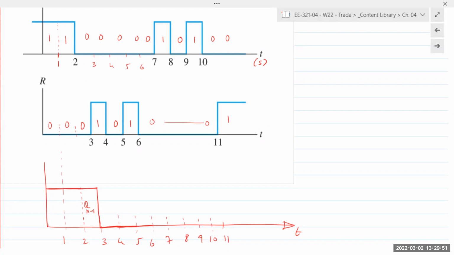Yeah, this timing diagram is based on the SR flip-flop. So it only applies to the SR flip-flop. The example is only for SR flip-flop.